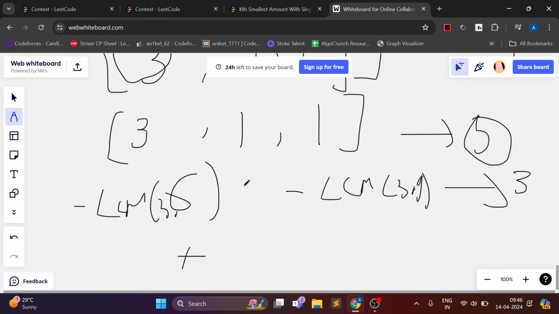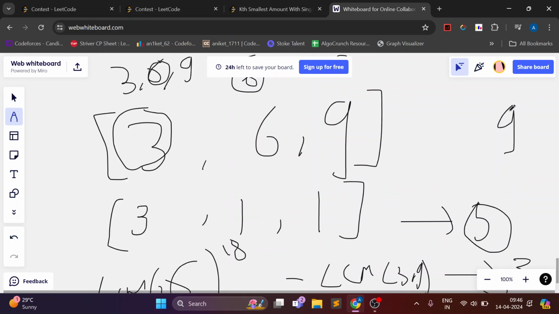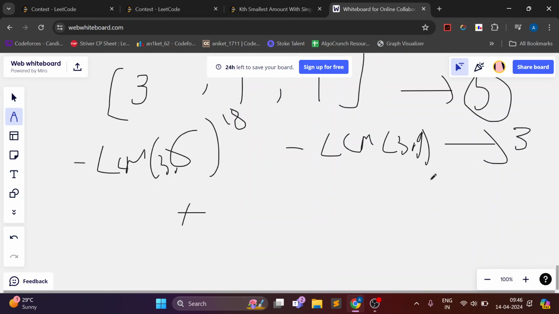Let's say there was something like 18 in the answer. Here it is not, but let's say our 9 was greater than or equal to 18. While calculating the LCM of 3 and 6, I also removed one count of 18, because 18 is divisible by 6. And while considering 3 and 9, I also removed 18. I removed 18 twice.